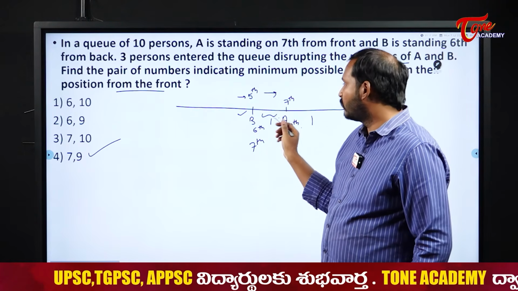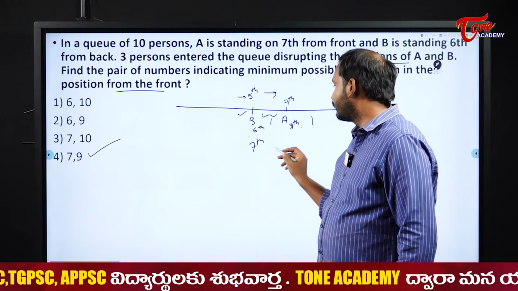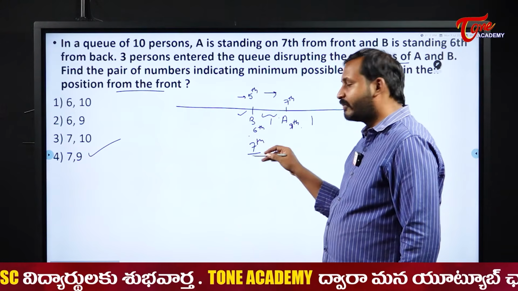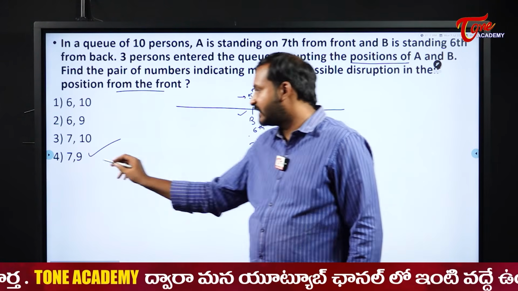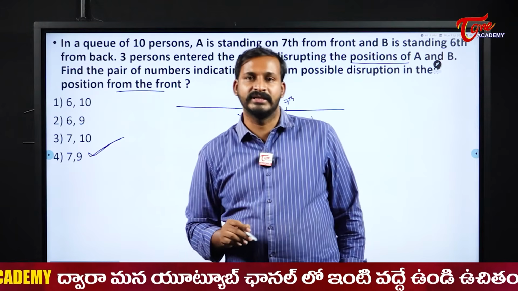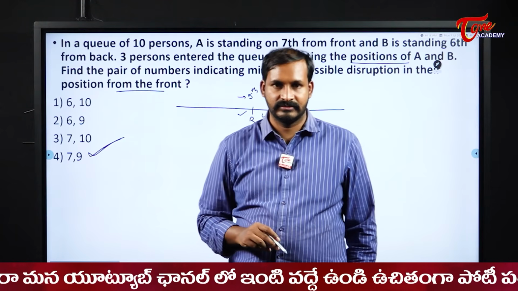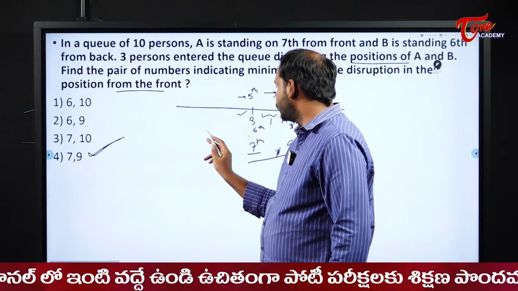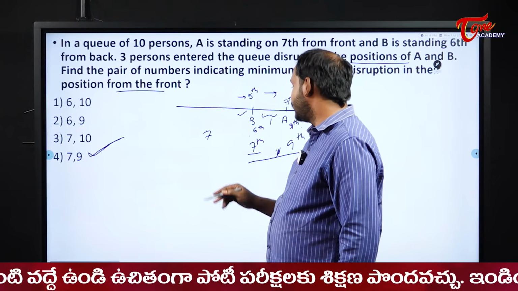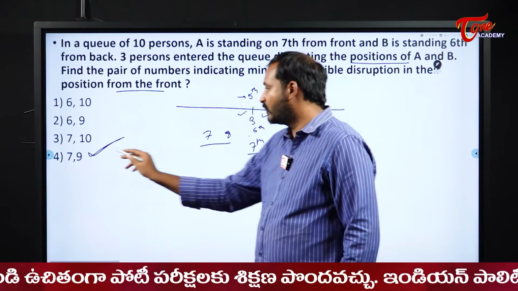Okay. So now what happens to their positions? Their positions will become 7th and 9th. Minimum disruption. Okay, or else only one person sits before them. Actually, you can write 7 and 8 also. But in the options, we don't have 7 and 8.